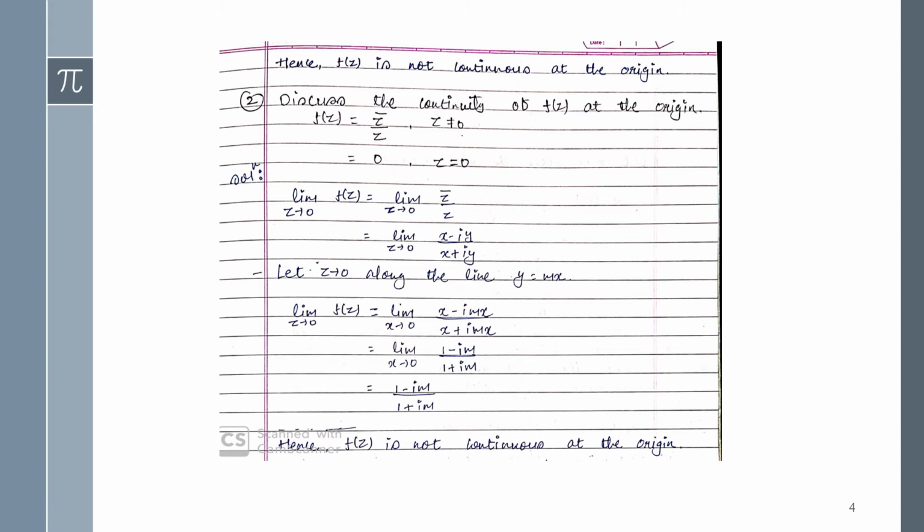So here you can observe that the point z0 is given as 0. So again we will apply the same limit, z tends to 0, and here I have put the function z bar upon z. z bar will be x minus iy and z is x plus iy.